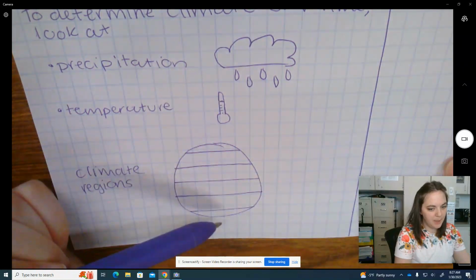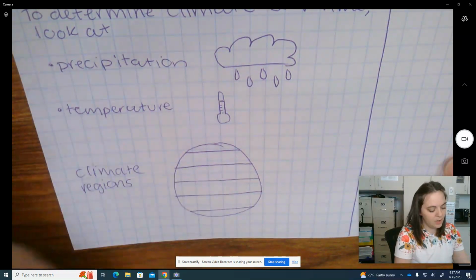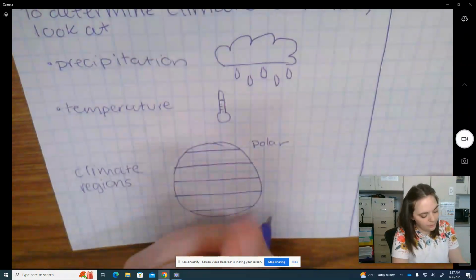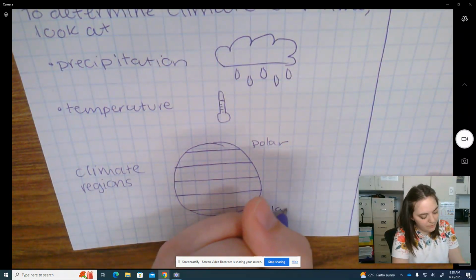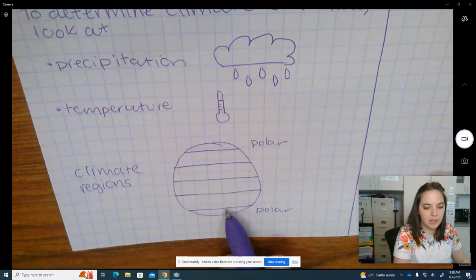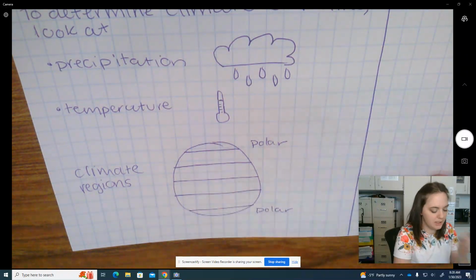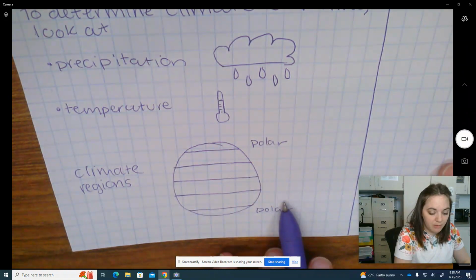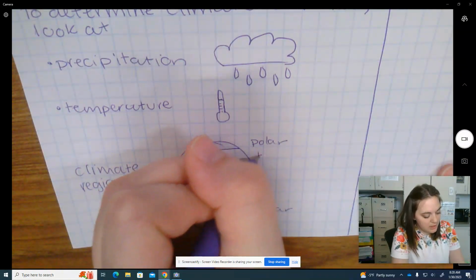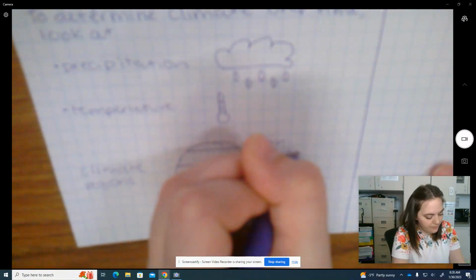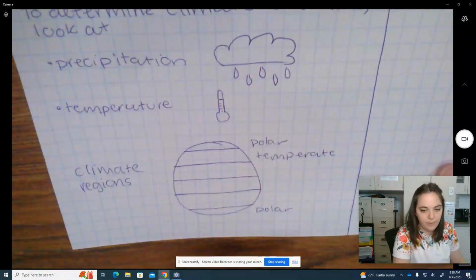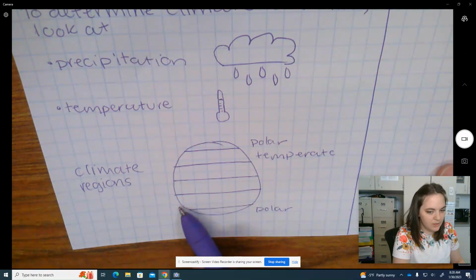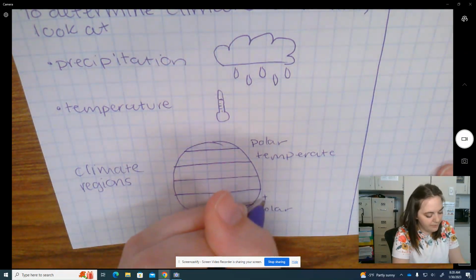The top and the bottom are polar regions. So this is a polar climate, this is a polar climate at the top and at the bottom. The one that's just right under and above polar is temperate. So this one is temperate. Also, the one down here that's just above this polar is temperate.